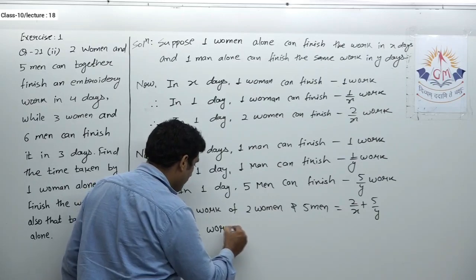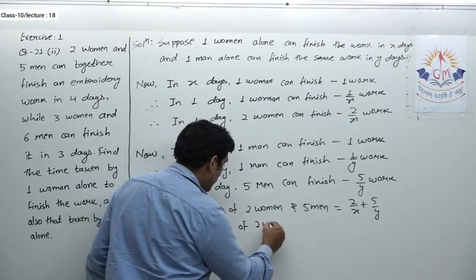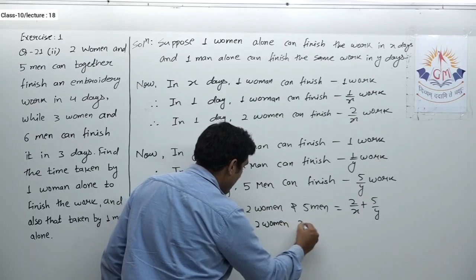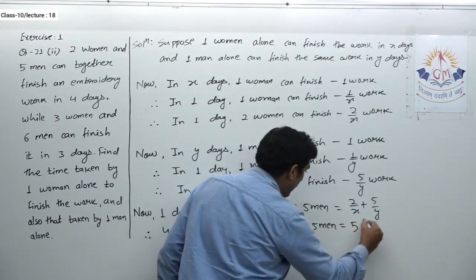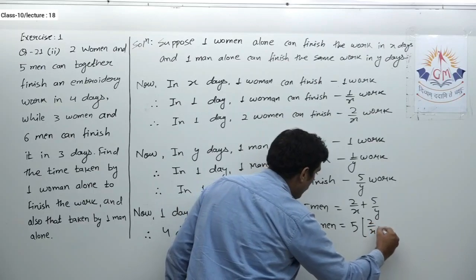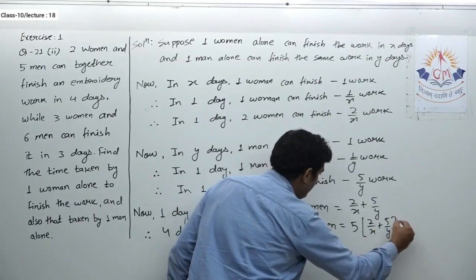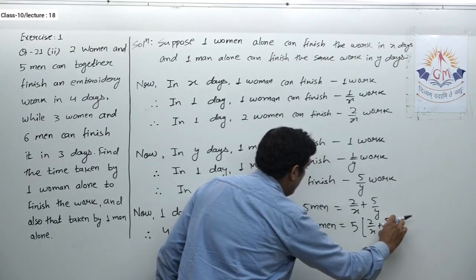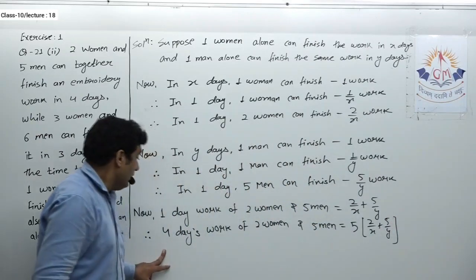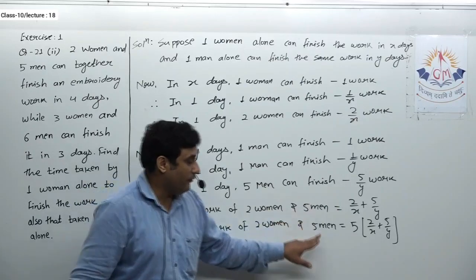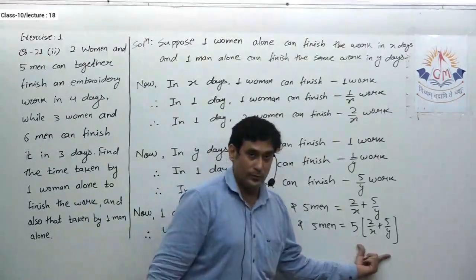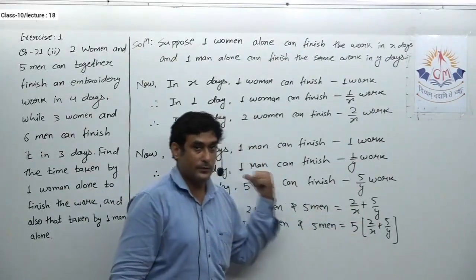5 days work of 2 women and 5 men is equal to 5 multiplied by 2 upon x plus 5 upon y, isn't it? So here what we obtain, in 4 days 2 women and 5 men can do this much work according to our assumptions.